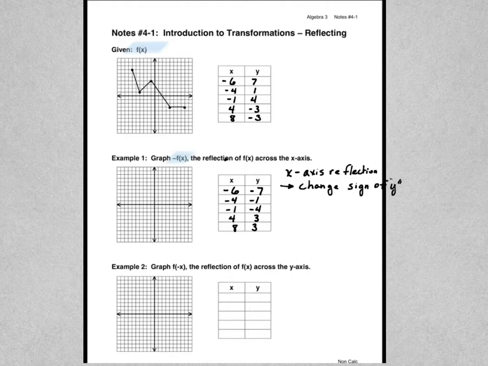And then when you graph those on the graph, you're going to have a -6 down at -7. Okay, and then you have -4, -1, and -1, -4.